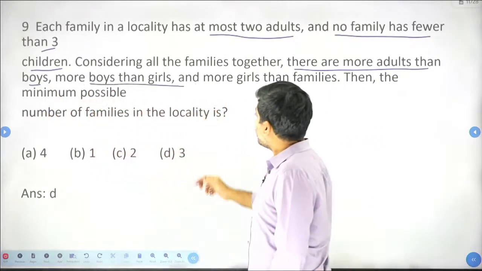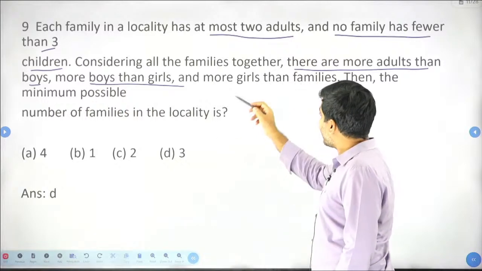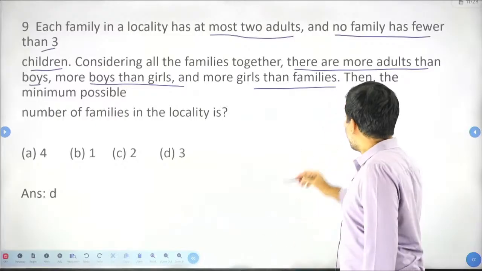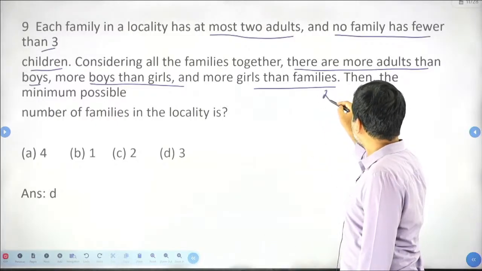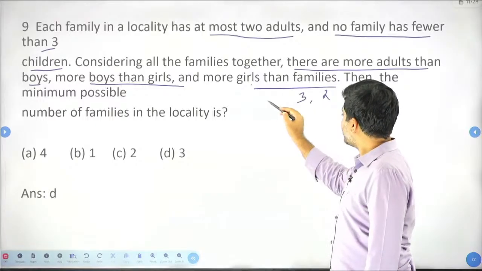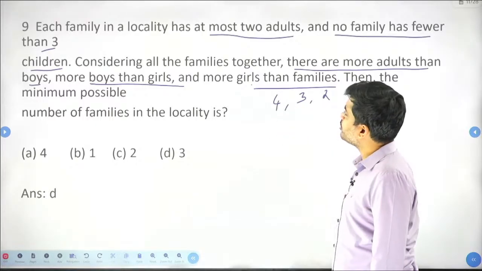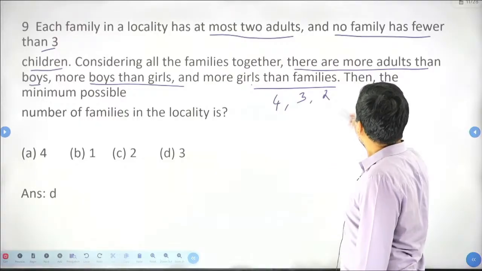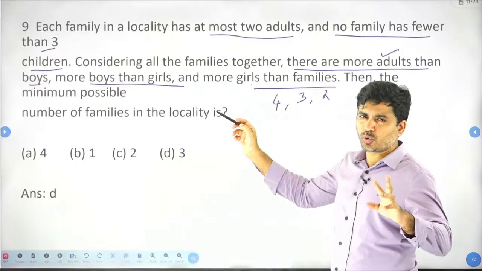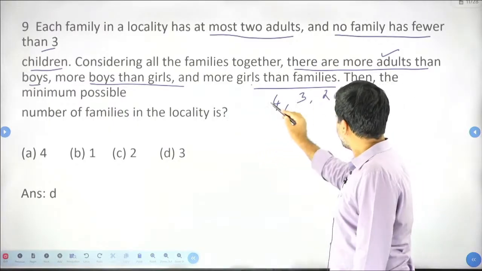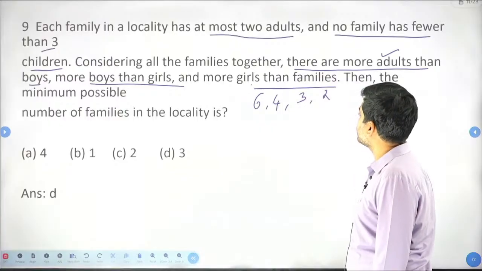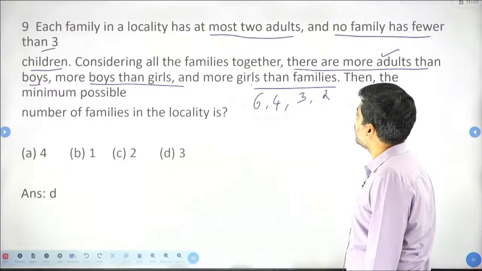Boys are more than girls, and girls are more than number of families. For example, if number of families are 2, girls will be minimum 3, boys will be more than girls means 4, then number of adults will be even number because 2 couples, okay? Minimum 6. It will be like this. Just I am taking one example.